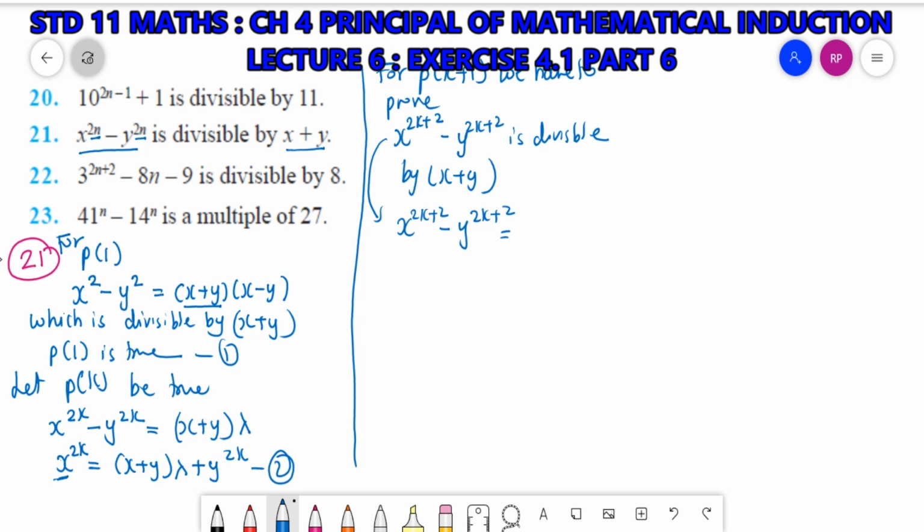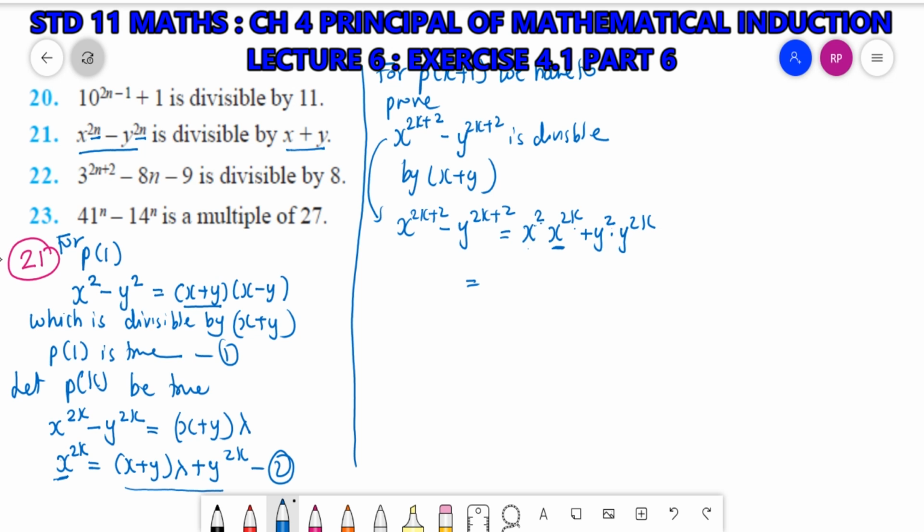So what I will do, I will separate it: x square into x raised to 2k, minus y square into y raised to 2k. Clear? So see, base same, 2, 2k, 2k plus 2. Now I will use this x raised to 2k.